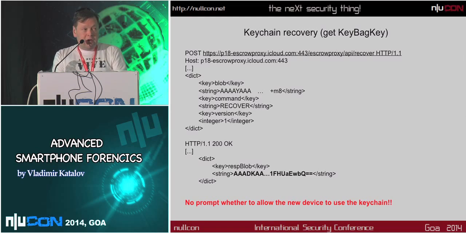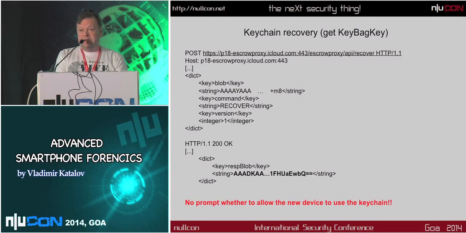And almost the same as with the iCloud backups. When the backup is restored, I told you about that, on the new device, the notification is being sent to the device. If you use the functions and the requests by yourself, there is no notification at all. The same with the keychain.